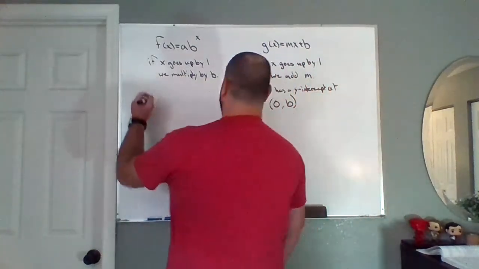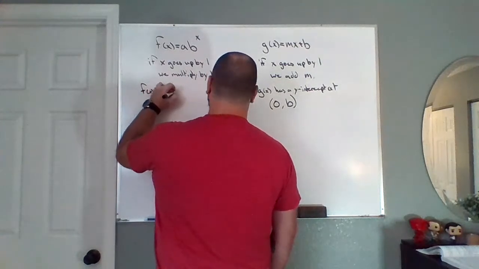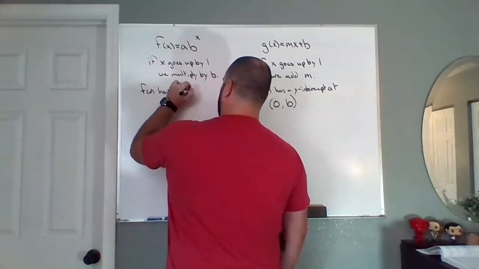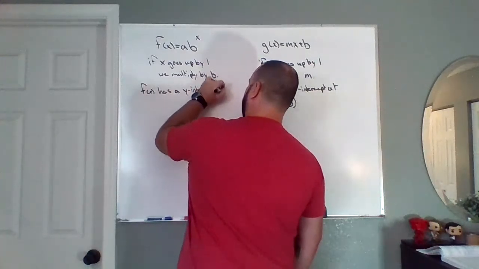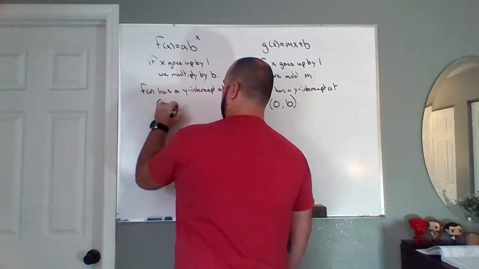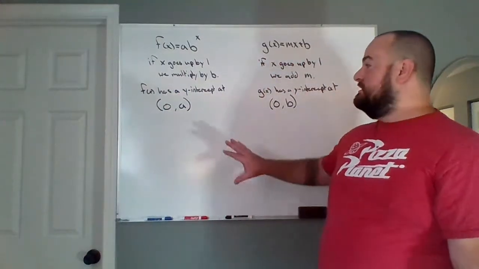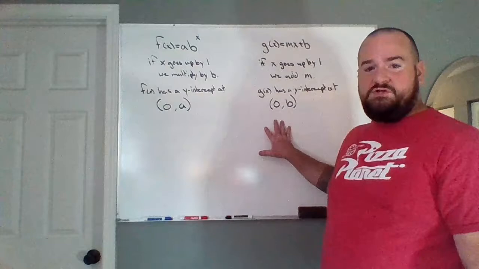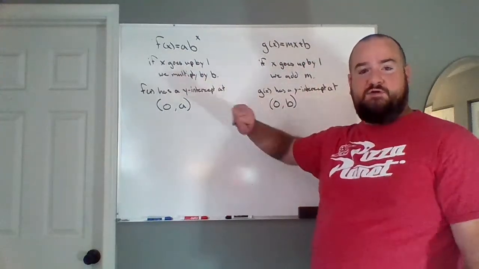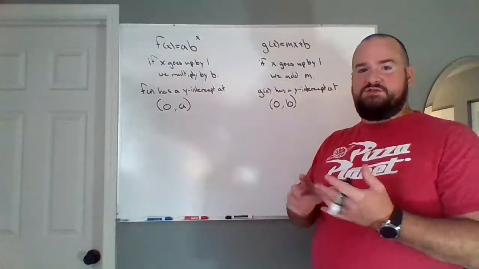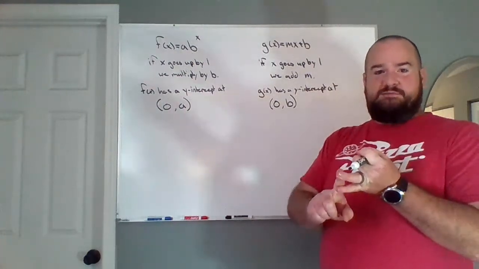So we know that f of x has a y-intercept at 0, comma, a. What's really cool is both of these functions are very similar. Additive growth, multiplicative growth. Both of them, we can just look at their equations and we know at what rate they grow and where their y-intercept is.